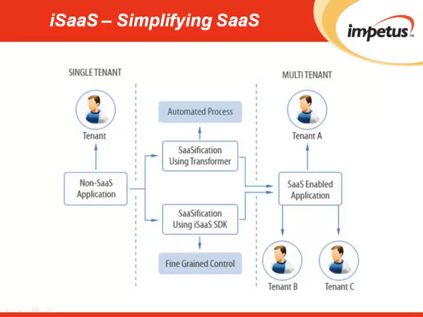Great, thanks Pankaj. I would now like to share with you the Impetus approach to building SaaS solutions. iSaaS is Impetus' capability to provide SaaS-enabled solutions not only for new applications, but also for modifying existing applications to a SaaS model. As seen here, the iSaaS platform provides various capabilities out of the box.